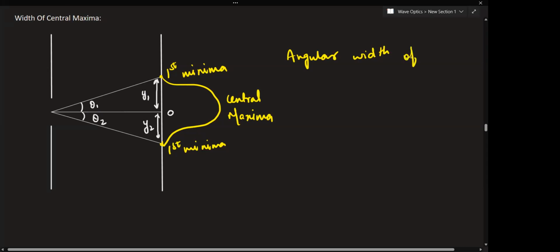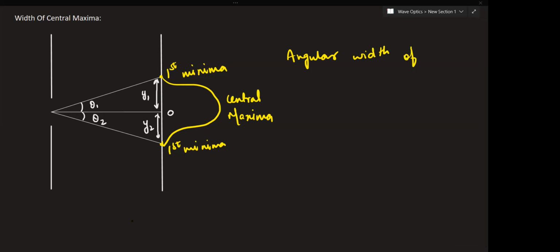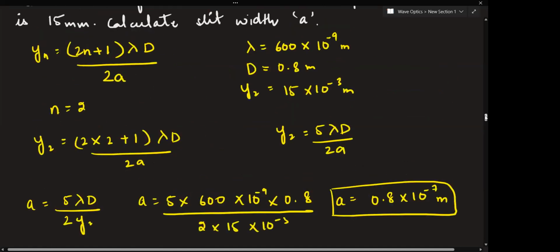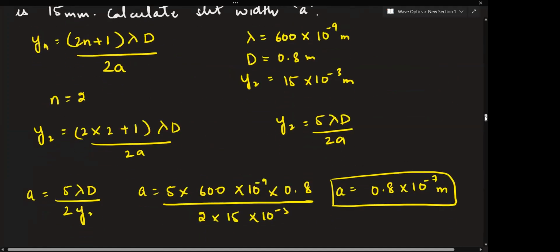of the central maximum means whatever angle this central maxima is subtending on the center. Yes, ma'am, can you take the previous question? Ma'am, the power would be minus 5, right? 0.8 into 10 to the power minus 5.